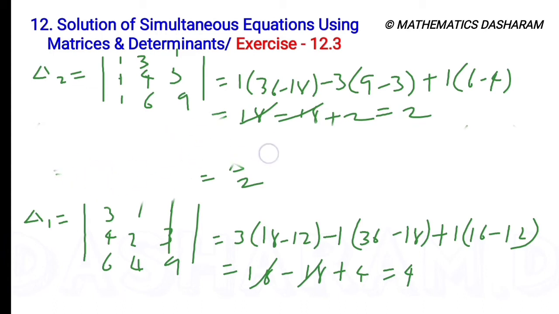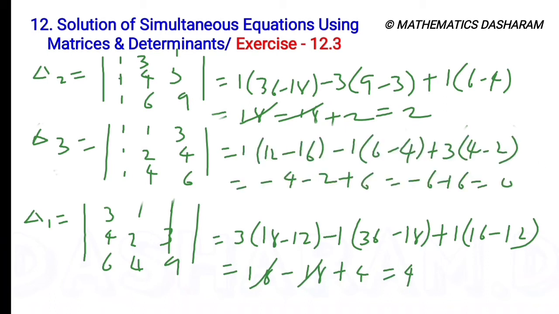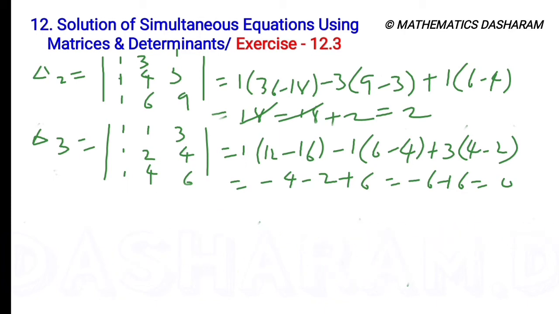Find out the delta 3 value before finding the x and y values. Delta 3 equals: replace the third column with the constant numbers. Find out the determinant. Determinant is 0. So now find the x, y and z.